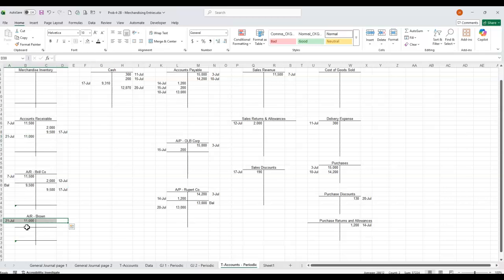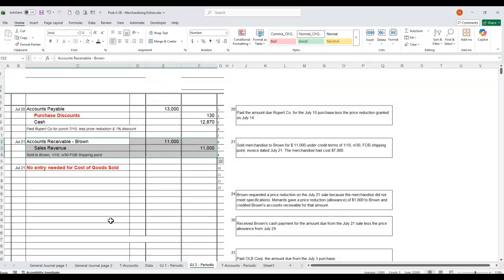There's the debit to accounts receivable and the mirrored entry in the subsidiary ledger. We're going to credit sales revenue for $11,000. Super simple. Now there's no entry needed for the cost of goods sold, so no cost of goods sold, no inventory entry here. Nothing happening there.